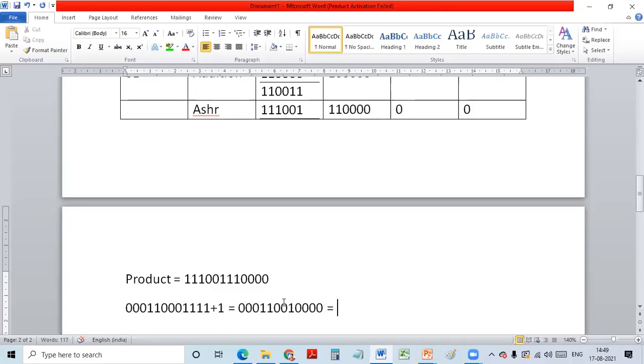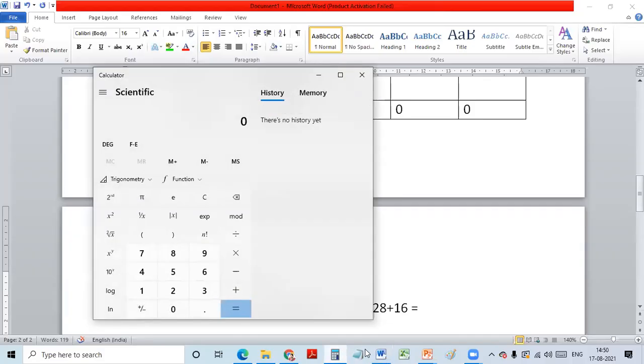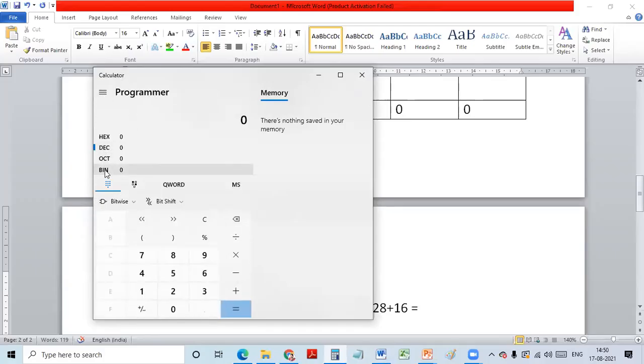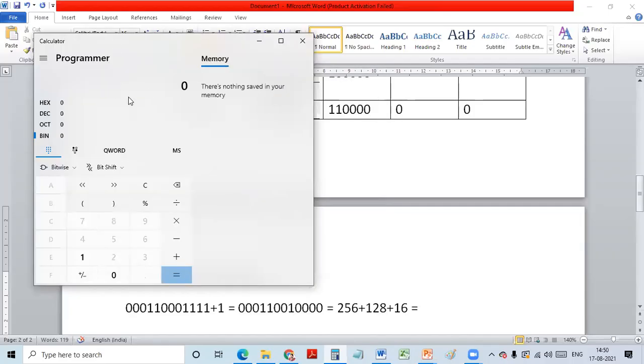This is 2 power 4, 2 power 7, 2 power 8. So 256 plus 128 plus 16. How much is this? In decimal, it is 400.